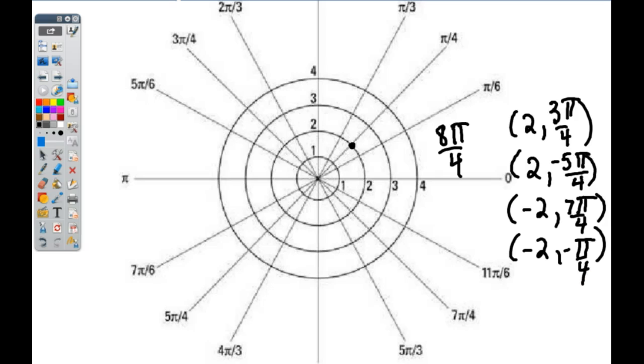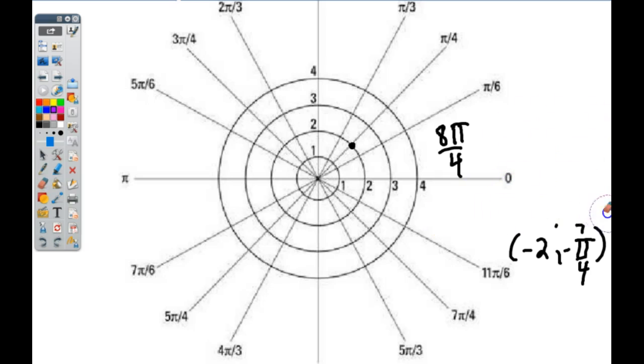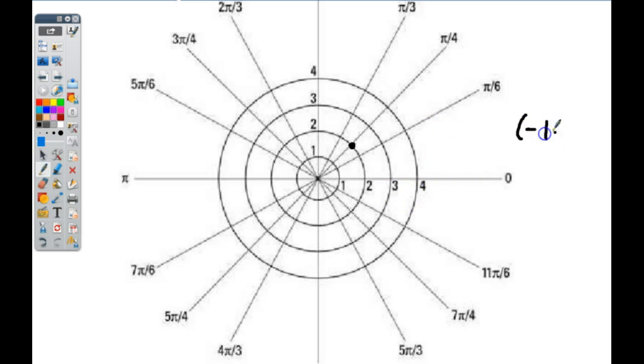Can you do one? Degrees. Like number 12. What's the numbers? So it's going to add to 360.